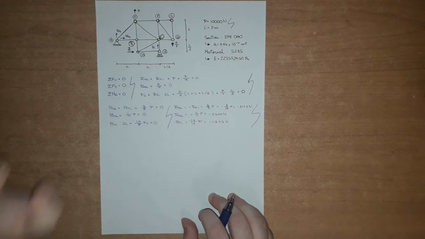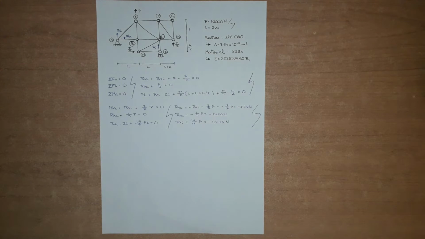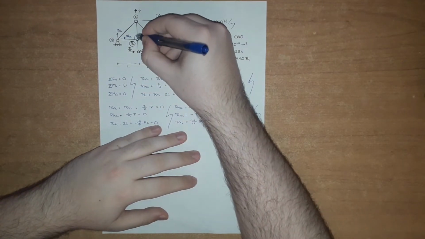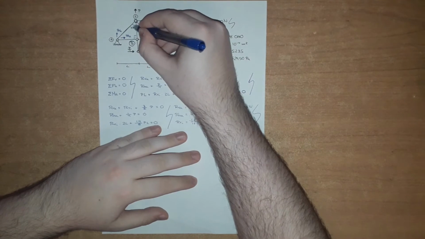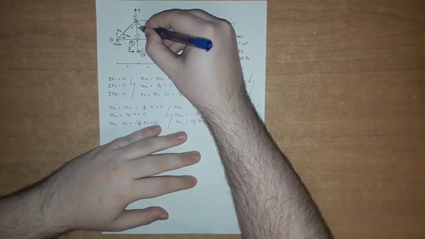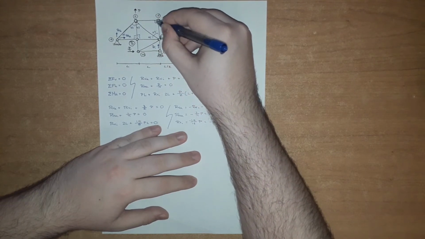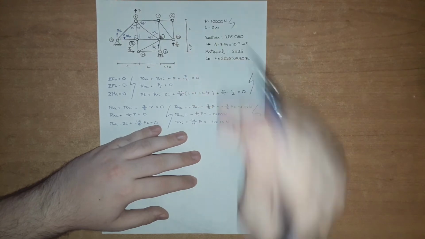However, we need the angles of the geometry of the structure. Some of them are rather straightforward. This is 90, this is 45. What's this one? Same. Yet again 45 and 90. There.